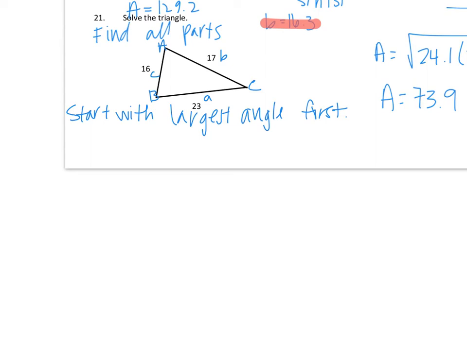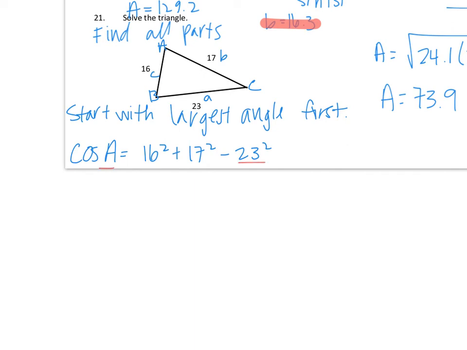So we need to do A first. Because we have all three sides, we don't have any angles. I cannot do law of sines. Remember, for law of sines, I for sure have to have one side and one angle that match up, and I don't have that. So I'm going to do cosine of angle A equals the other two sides first: 16 squared plus 17 squared minus the side that matches up with the angle.